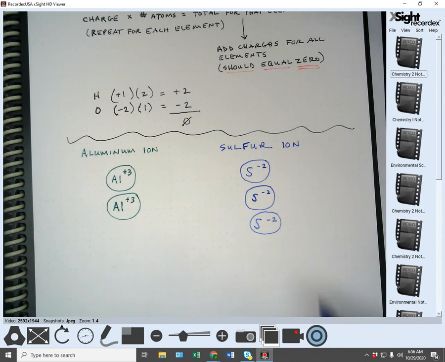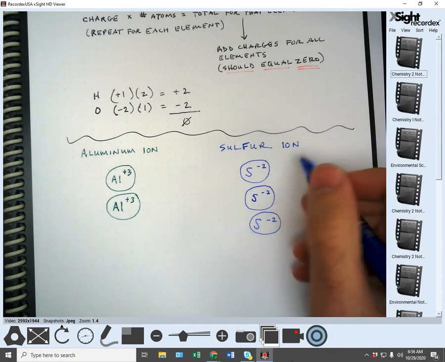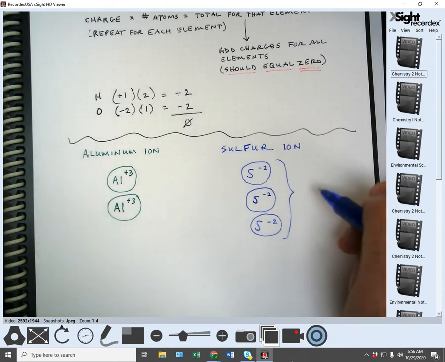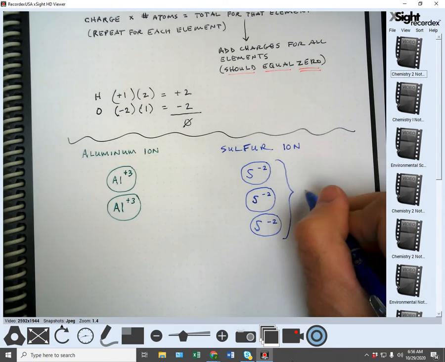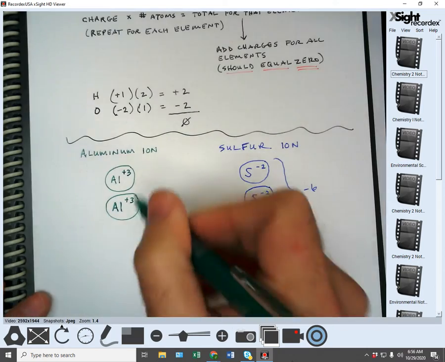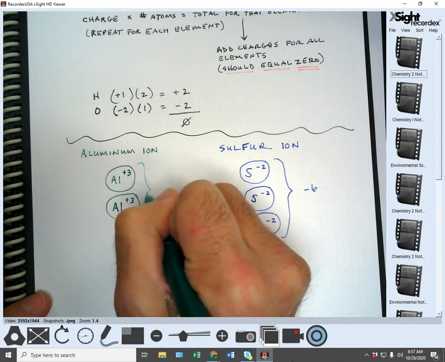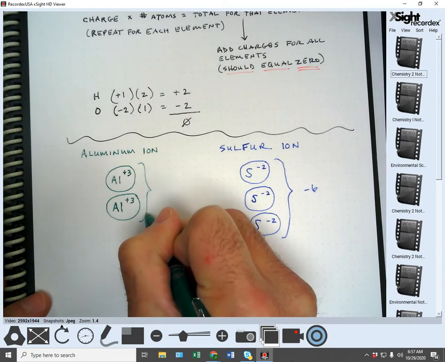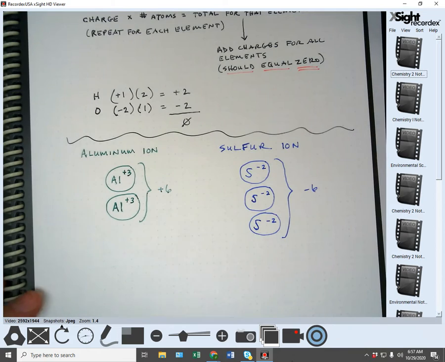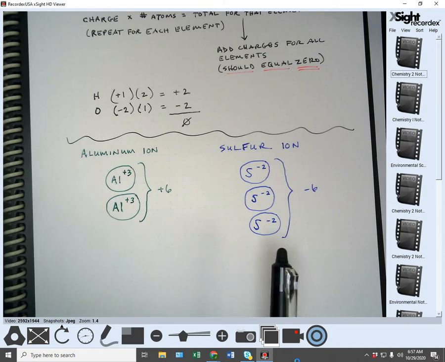Now, if we total up at this point, these together are giving us a total of -6, right? And if we look at our aluminum total, +6, which means they're neutral.